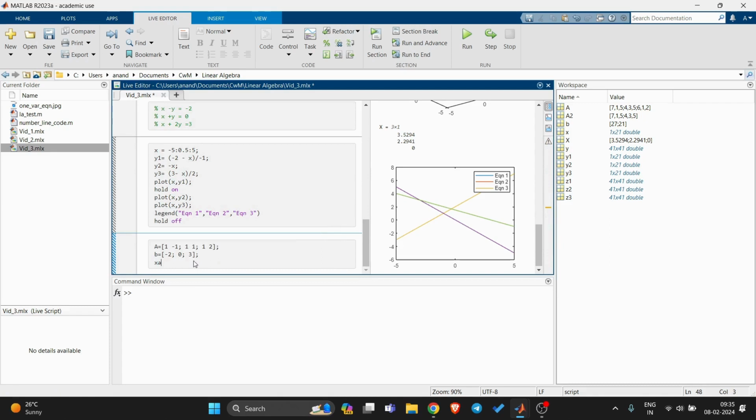And let's find x, which is A backslash b.